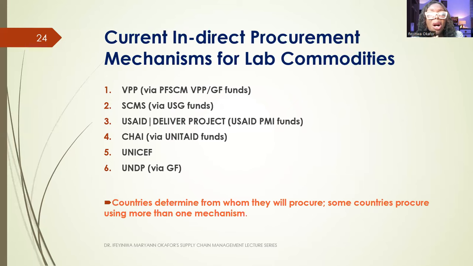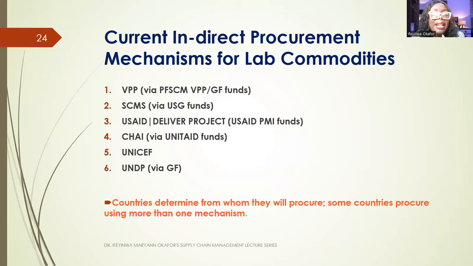Now, current indirect procurement mechanisms for laboratory commodities in Nigeria. We have voluntary pool procurement, and this is done through Partnership for Supply Chain Management and voluntary pool procurement through Global Fund. We have supply chain management system through United States government funds.